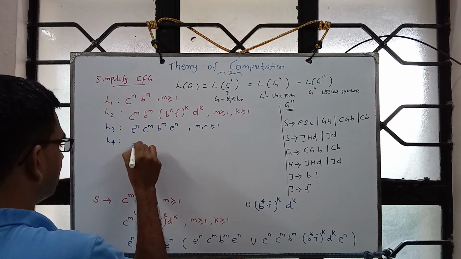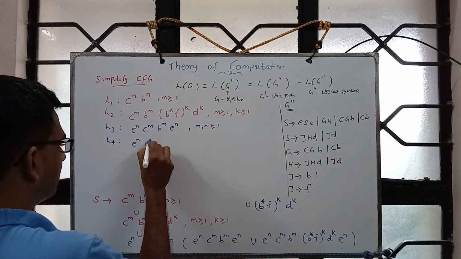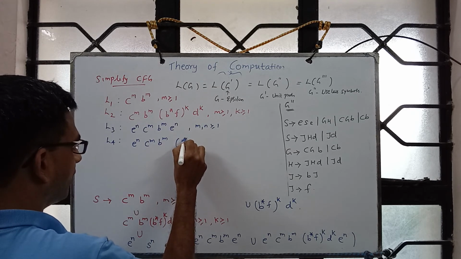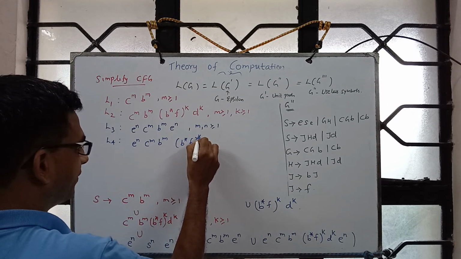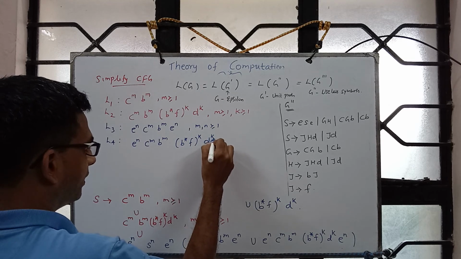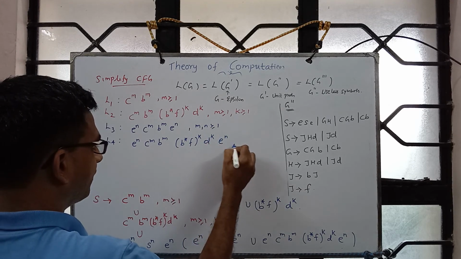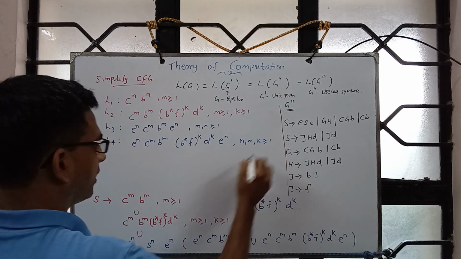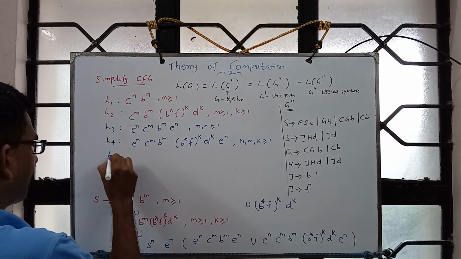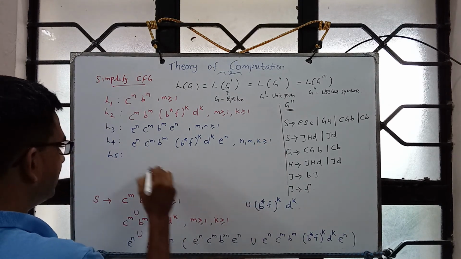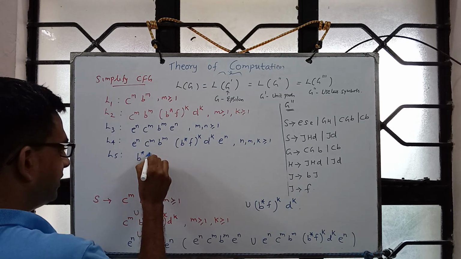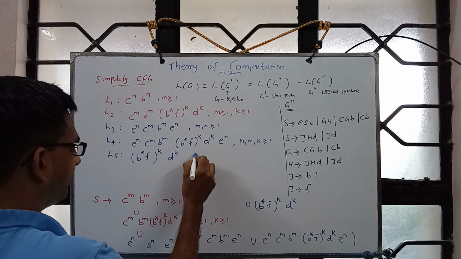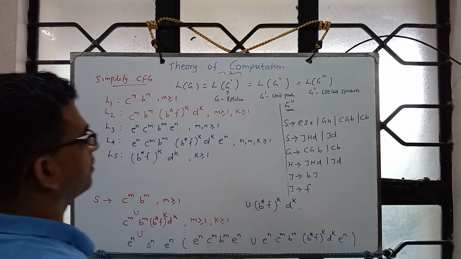L4 is e power n, c power m, b power m, b star f to the power k, d power k, e power n, m, k, all are at least 1. And L5 is b star f to the power k, d power k, where k is at least 1.